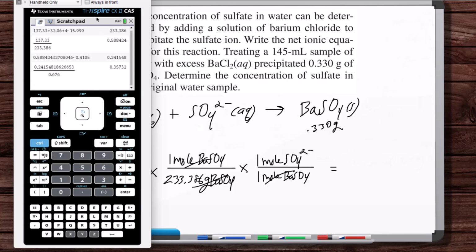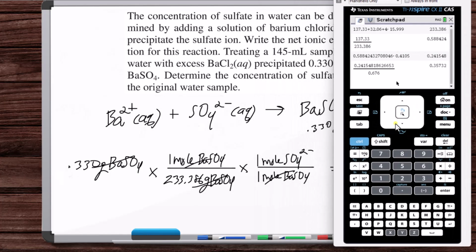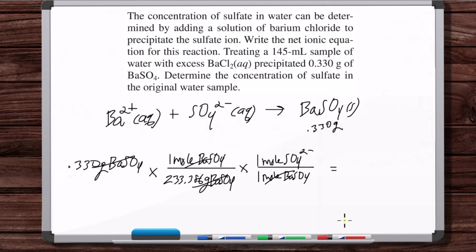So let's see, we've got 0.33 divided by 233.386, which is 0.001414. Now what's the concentration of SO4 2- in the original water sample?